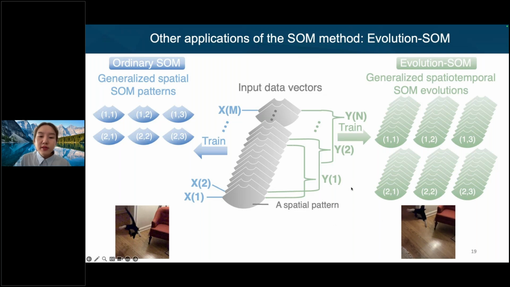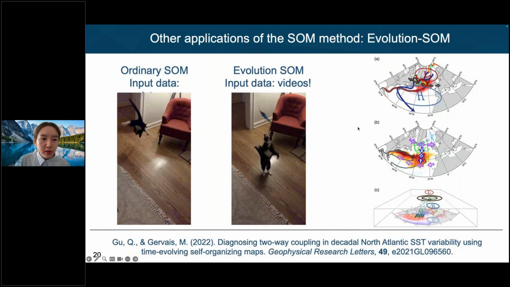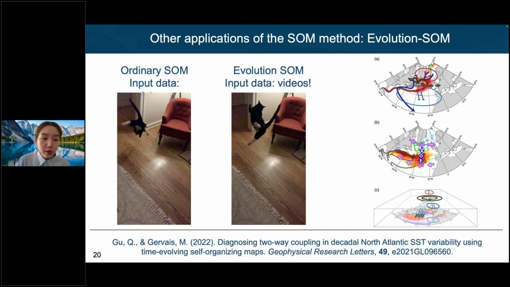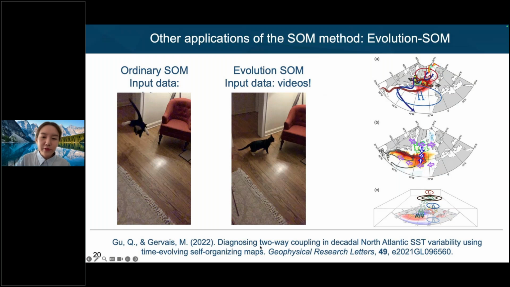Still using the same cat example, instead of just seeing the cat staying aloft, by looking at the video, you get to know what led to the jump and what happened next. Therefore, this method allows us to characterize the full spatial-temporal evolutions, basically characterizing the variability over space and time simultaneously. Using this method, we diagnosed the two-way coupling in the decadal North Atlantic SST variability. If you are interested, please feel free to check out our paper here.